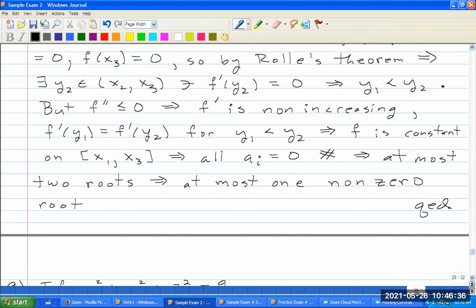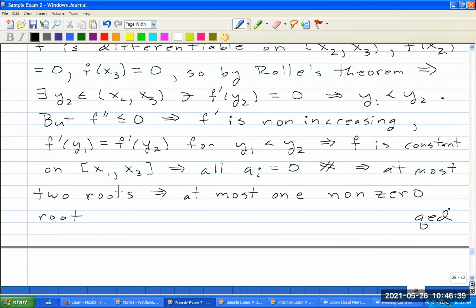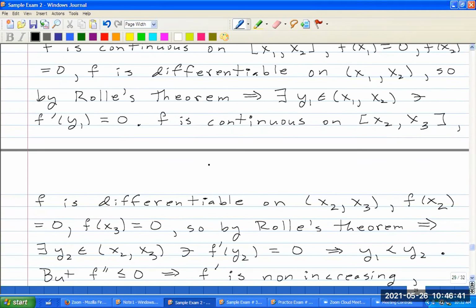Basically, if you look at this function here, it goes to the origin. So it could look like this. It's always concave down, or it could look like whatever. It's always going down. So it could look like this, it could look like this, or like this.